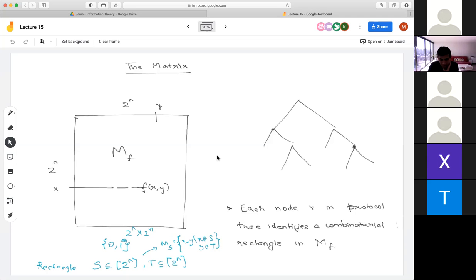And the claim is that every single node in this protocol tree actually identifies a rectangle inside this matrix, and in fact leaves identify disjoint rectangles. And they partition this matrix when you get to the leaves of this protocol tree.